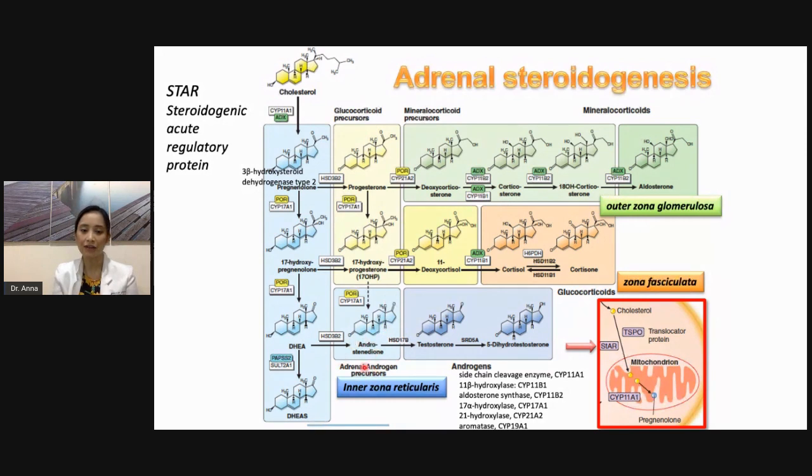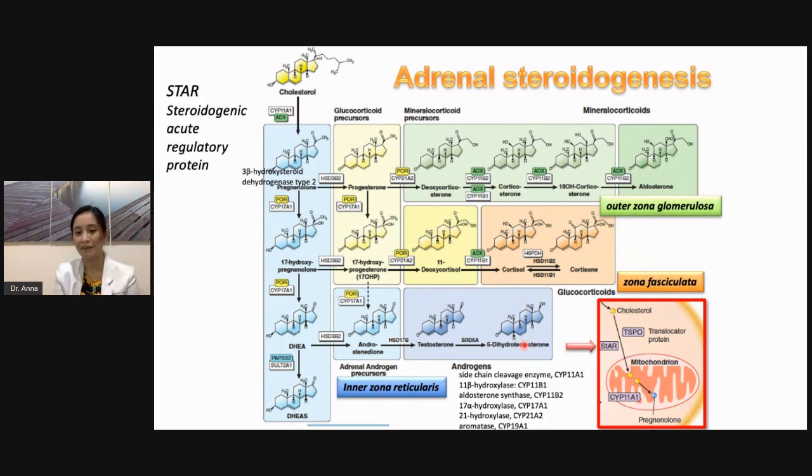So your androstenedione, the major adrenal androgen precursor, can now be converted into your testosterone, and your testosterone is now acted upon by your 5-alpha reductase to become your more potent, more active 5-dihydrotestosterone.